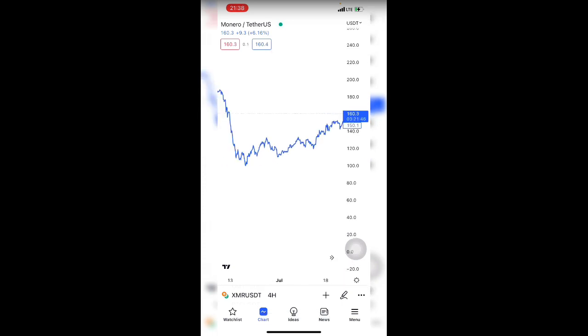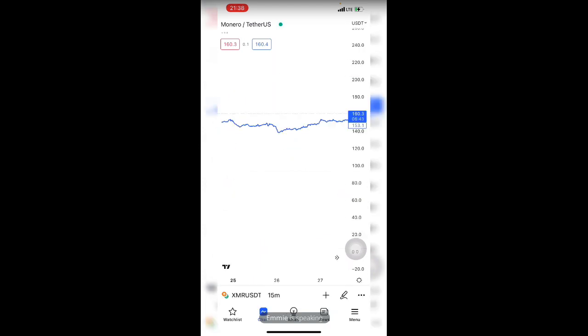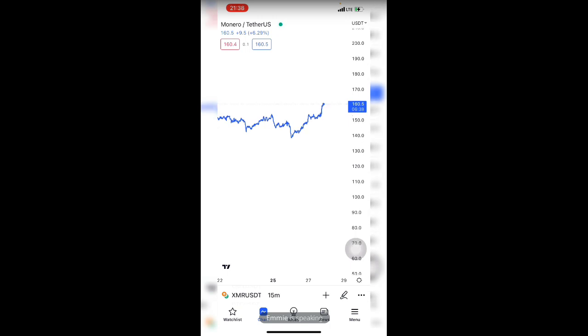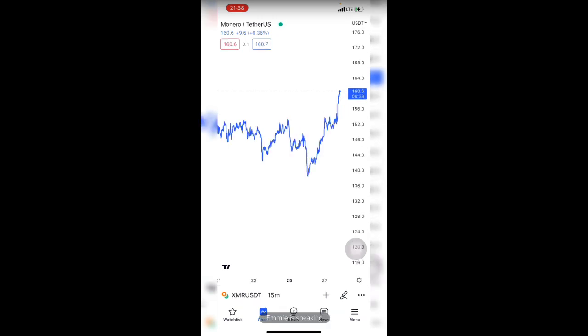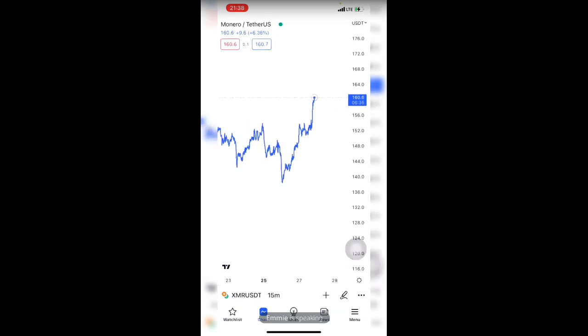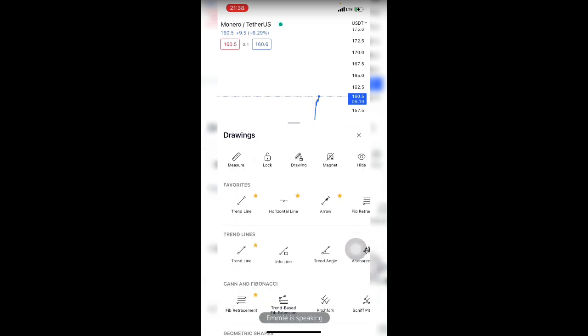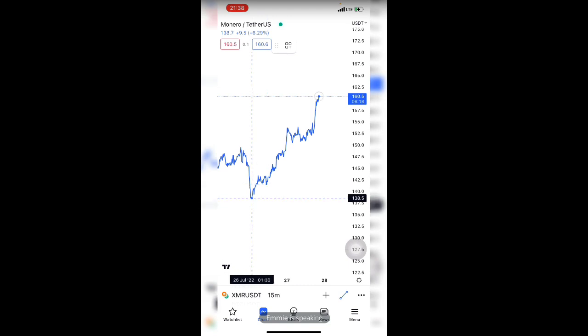So one thing I want you to understand: why are we drawing these trend lines? It is for us to know that if the market is in an uptrend, do not short, except you want to scalp. We are beginners.